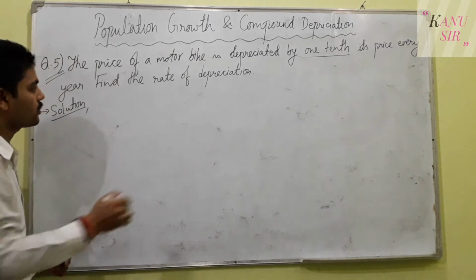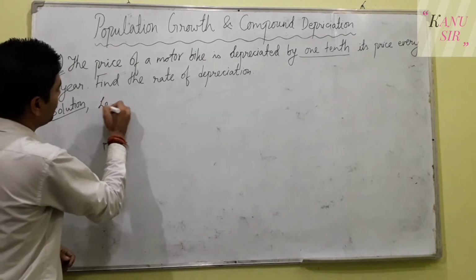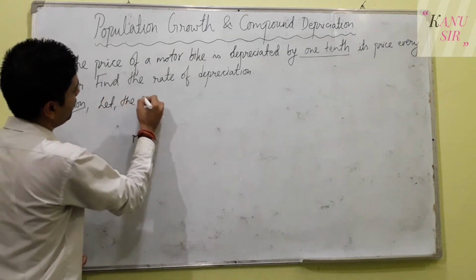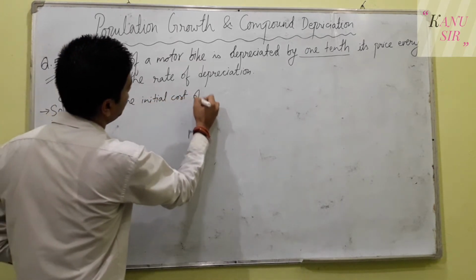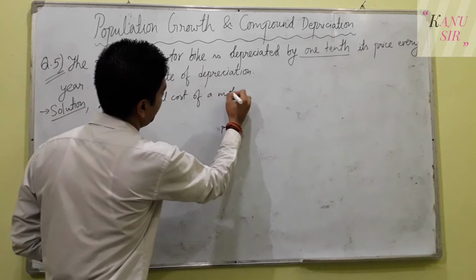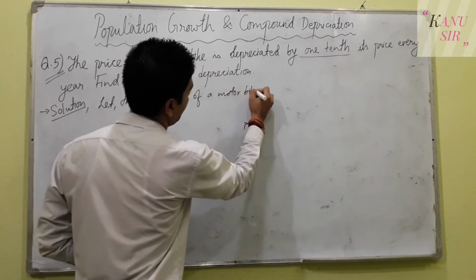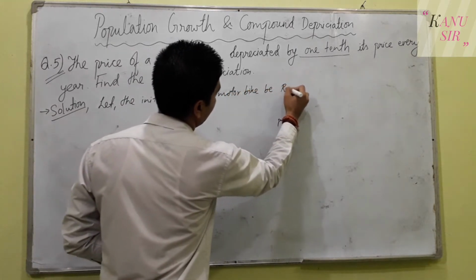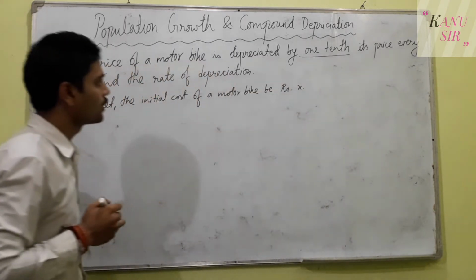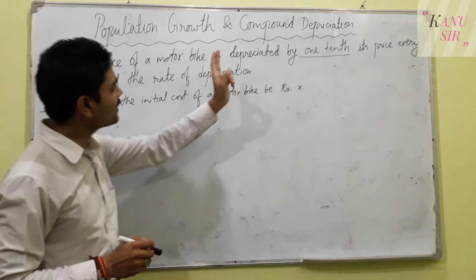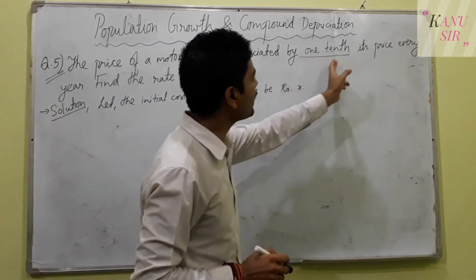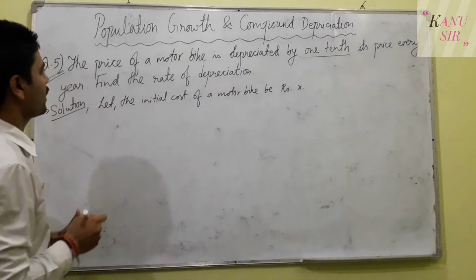So we have to suppose: let the initial cost of a motorbike be rupees x, and by the question the price of a motorbike is depreciated by 1/10 of its price every year.